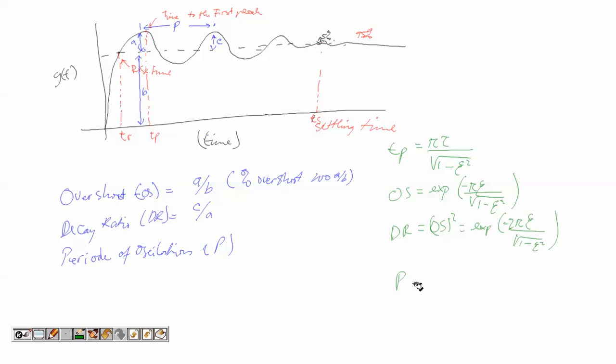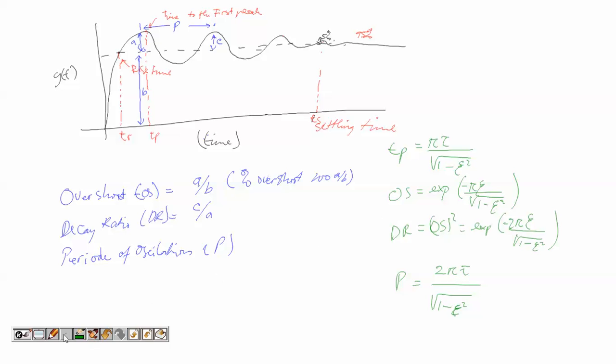And the period can be found using this equation: 2 pi tau divided by the square root of 1 minus zeta squared.